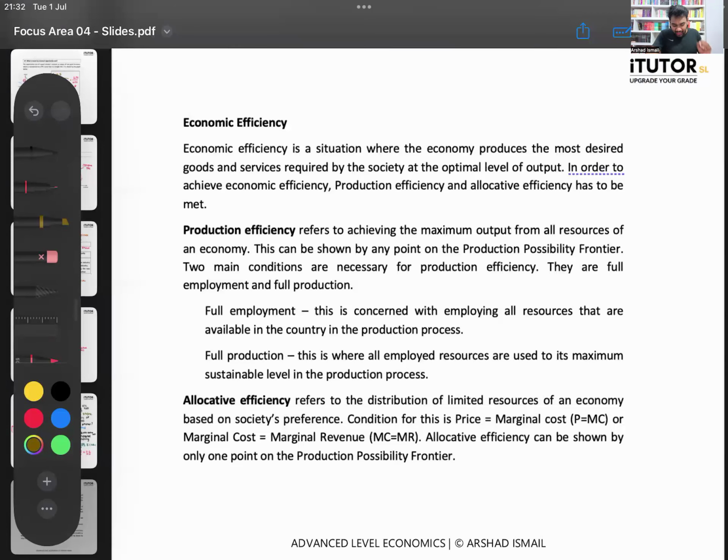You make full use of all resources, you use them sustainably and not exploiting, and you produce the goods that the society wants. If you have done that, you have achieved economic efficiency.